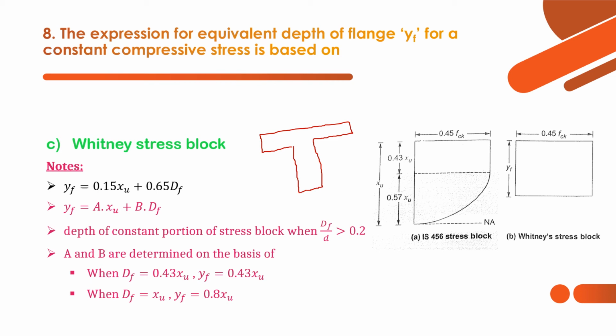The depth of the constant portion of the stress block is this one, and only the remaining part varies parabolically. This portion will be within the flange section of the T beam if and only if DF by d is greater than 0.2. This is the concept. We shall see more details on T beam and the calculation of moment of resistance in the next question.